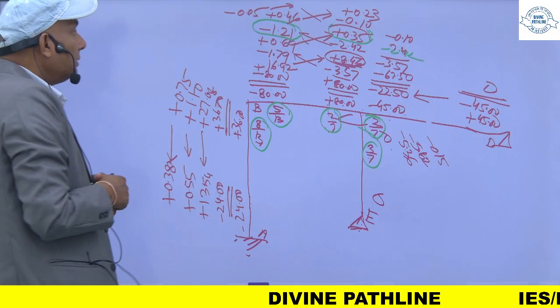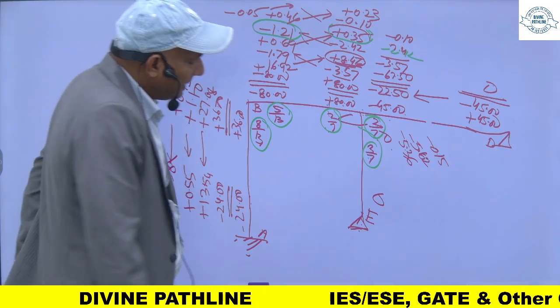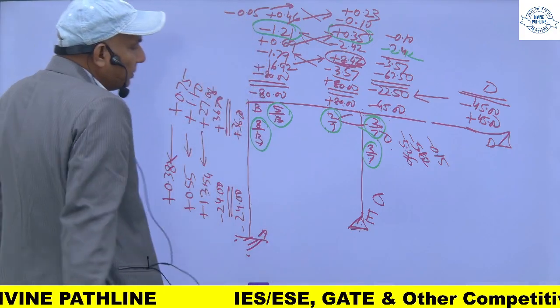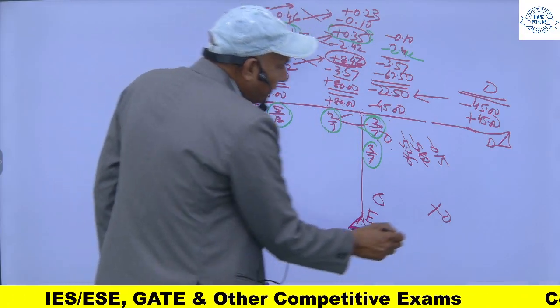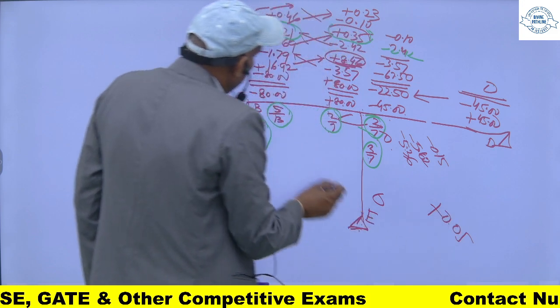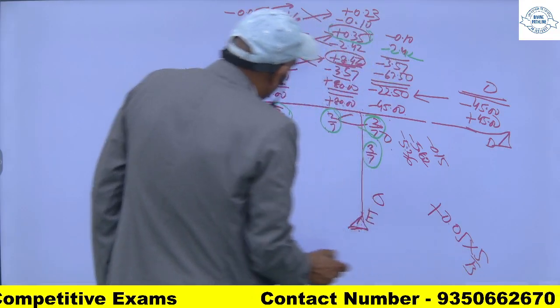Now this minus 0.05 is now unbalanced. So for making it 0, I will plus 0.05, and that will be multiplied by 5 upon 13 for this member.